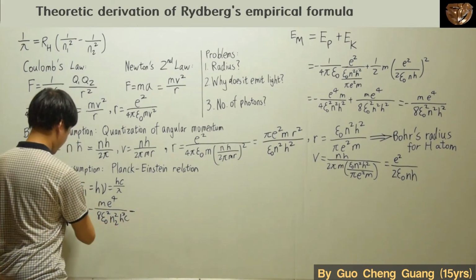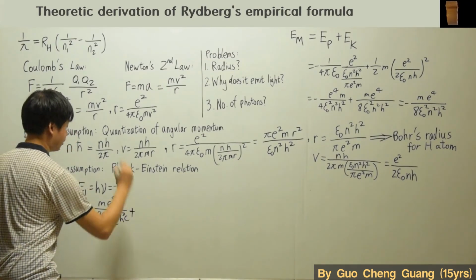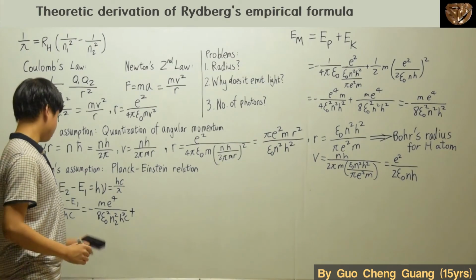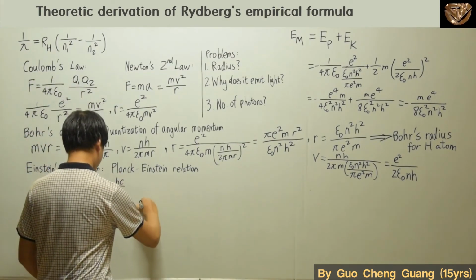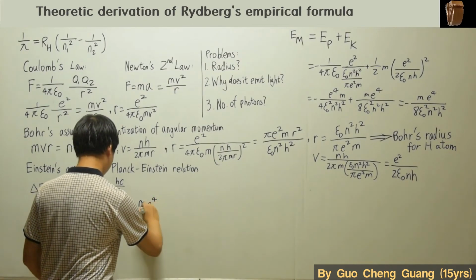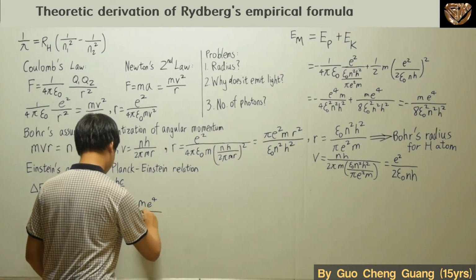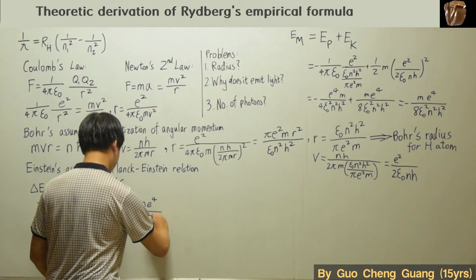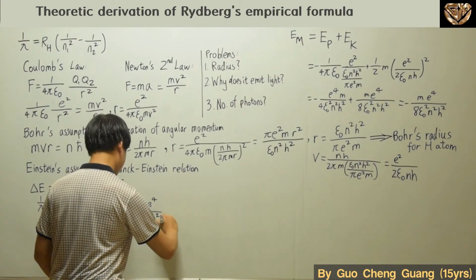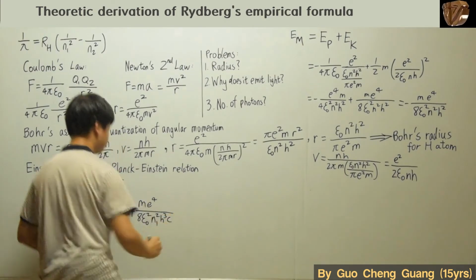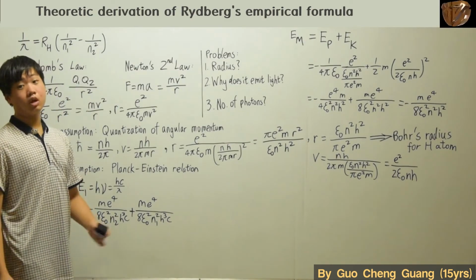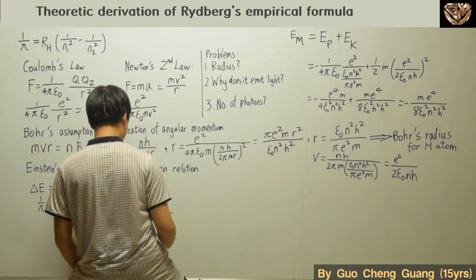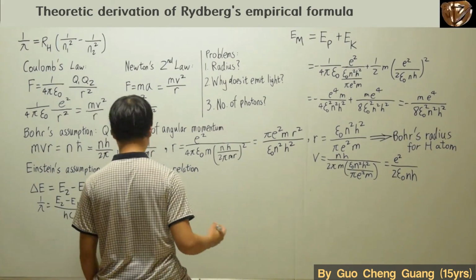And then negative, but you have to have another negative to make it plus. So here you add on m e to the power of 4 over 8 epsilon naught squared n1 squared h cubed c.